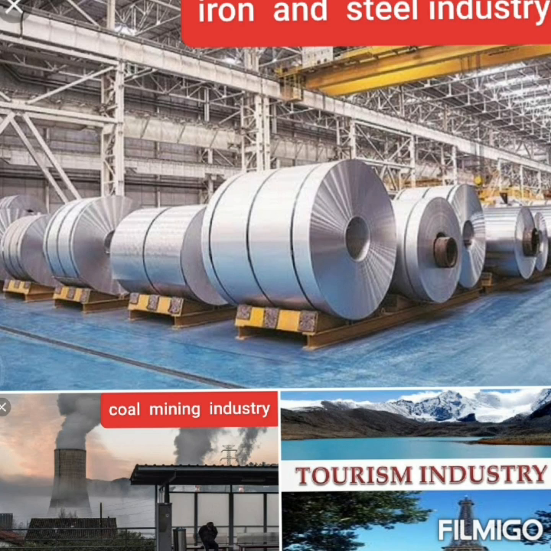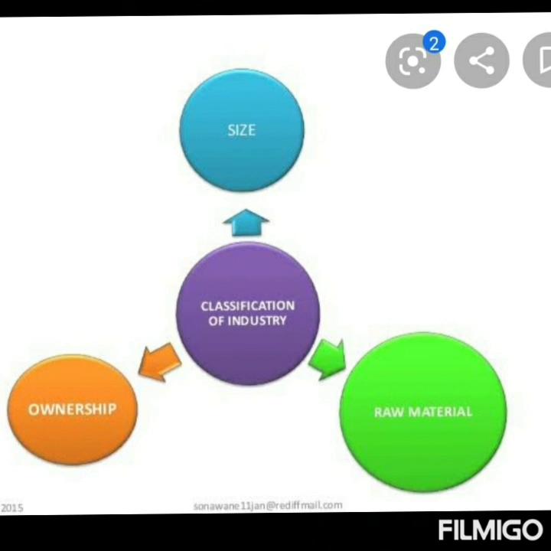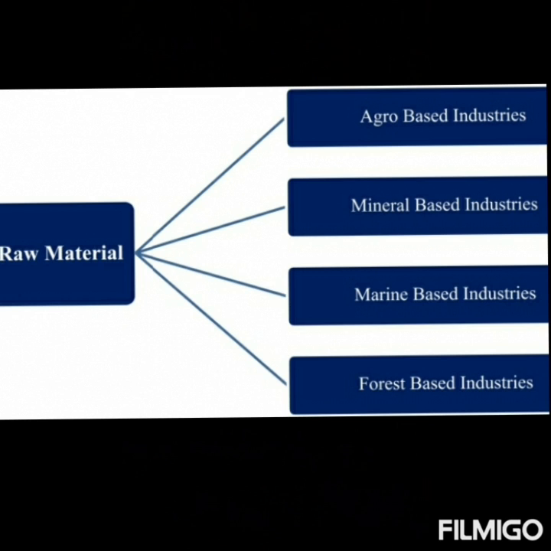So students, now let's study the classification of industries. Industries can be classified on the basis of raw material, size, and ownership. According to the raw materials used, industry may be agro-based industries, mineral-based industries, marine-based industries, and forest-based industries, depending on the type of raw materials they use.